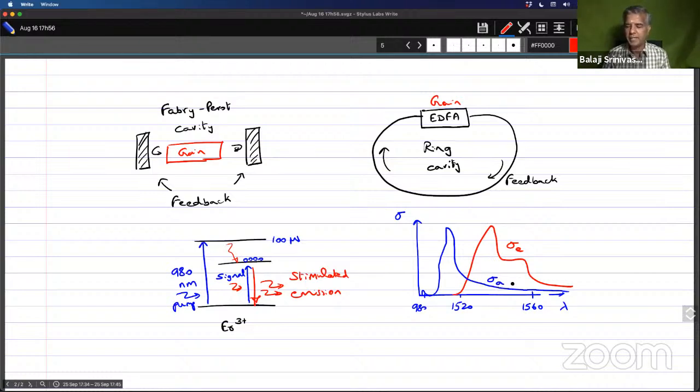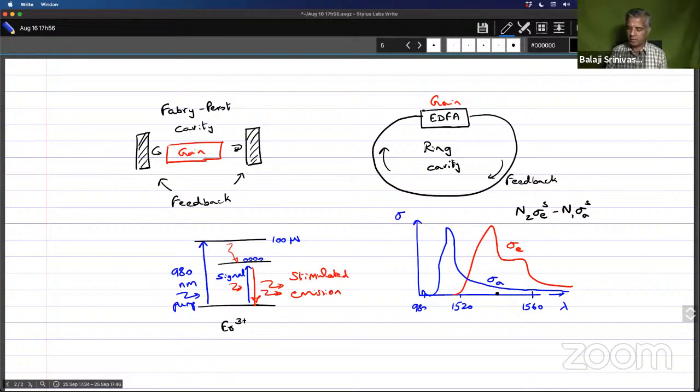So there will be a finite absorption cross section at the signal wavelength also, which is something that we want to be aware of, because that is actually something that determines your gain, right? Your gain corresponds to N2 sigma E minus N1 sigma A, right? Sigma A at the signal wavelength. Okay, so that is what determines the gain, and it helps that the absorption cross section is relatively low in these regions.